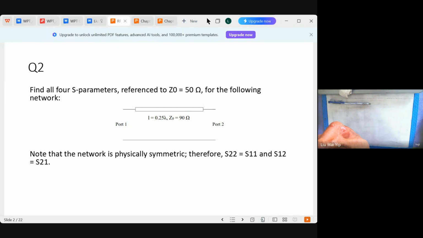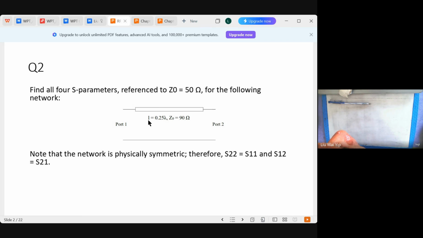In this video, I'm going to resolve this problem. This problem is question number 2, part 1 of the RF homework assignments. So we are given a transmission line.